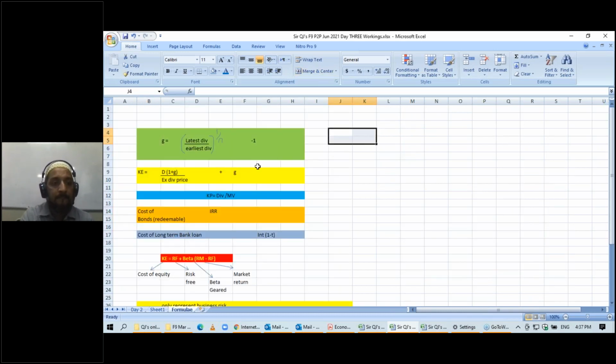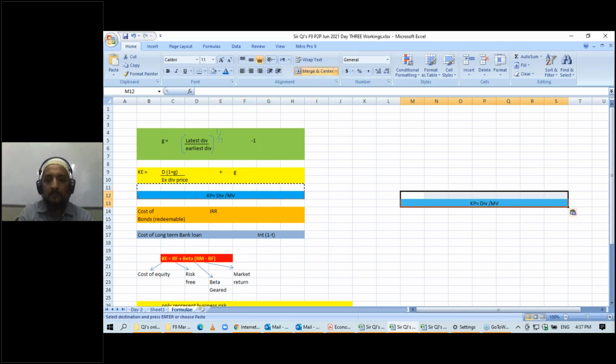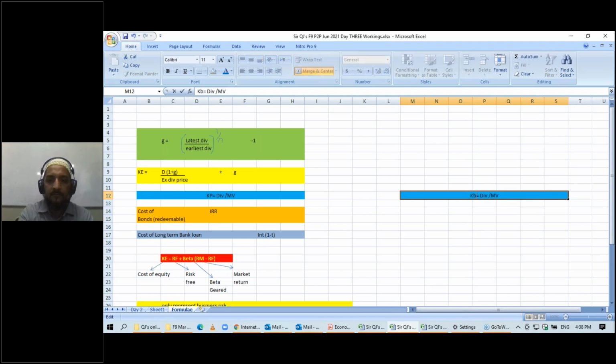It is, if the cost of debt, now we are talking about irredeemable items, so cost of bond will be interest rate multiplied by 1 minus t, divided by the market value. This will be the formula.